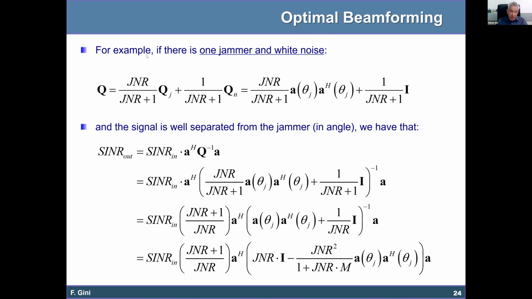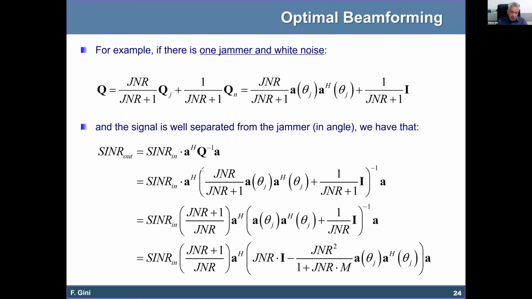So we make this replacement. We replace Q here. So we have A Hermitian, and then we have the inverse of this, and then we multiply by A. Again, we should calculate the inverse of a rank 1 matrix plus a full rank matrix, in this case the identity matrix. The inverse of this, by the Woodbury identity, can be expressed in this way.